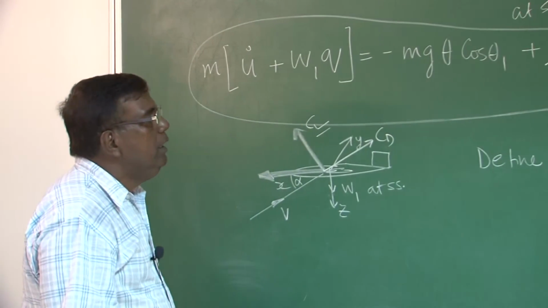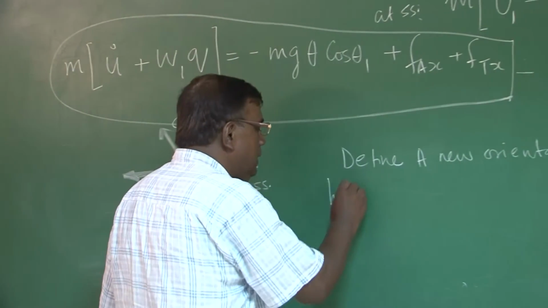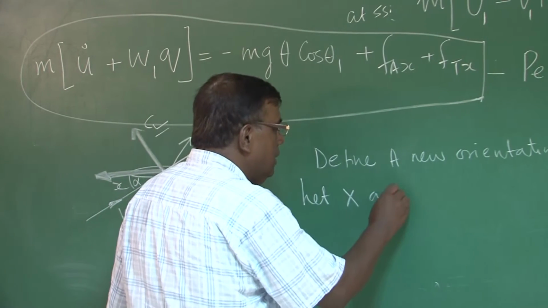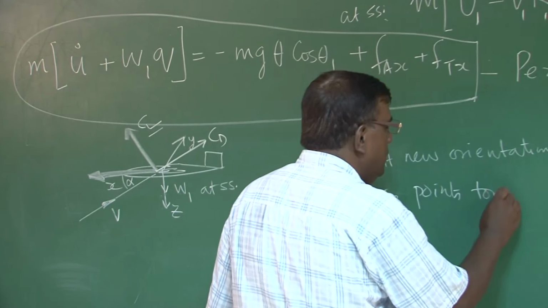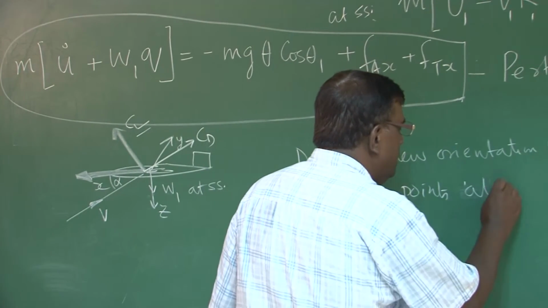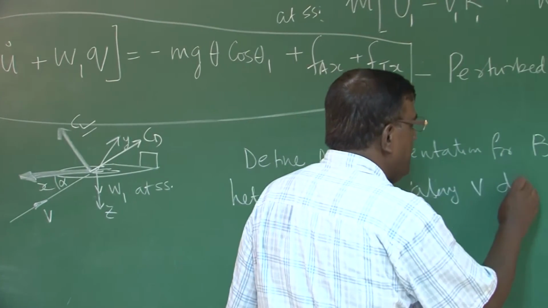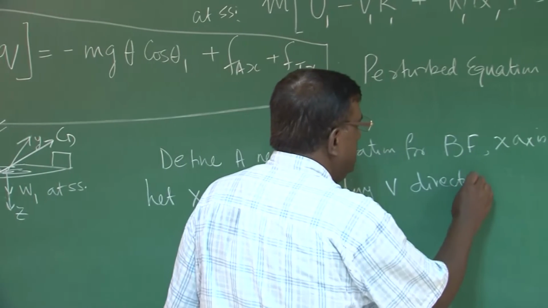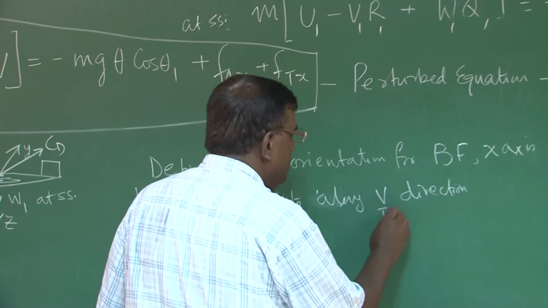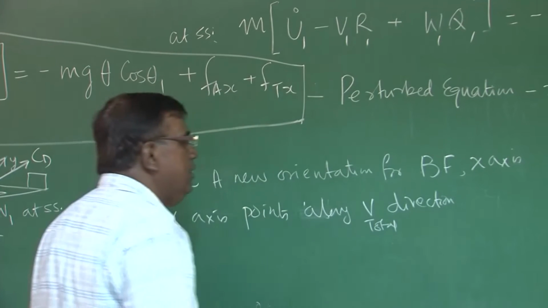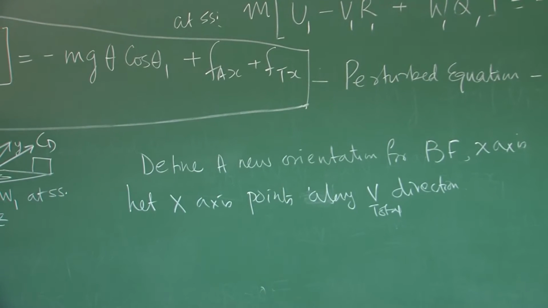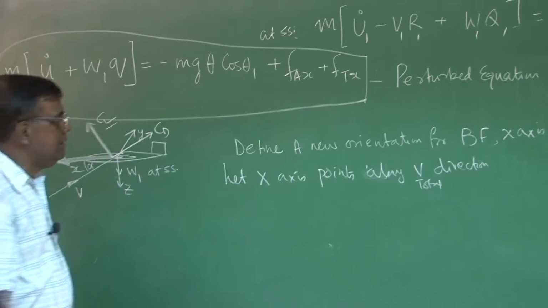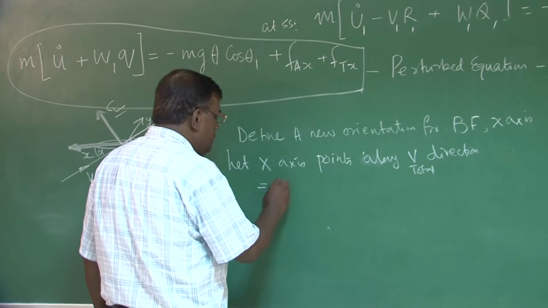We are saying let the x-axis point along the V direction. V means total relative velocity, and we are restricting our discussion to the vertical plane. And such an axis system is also known as the stability axis system.